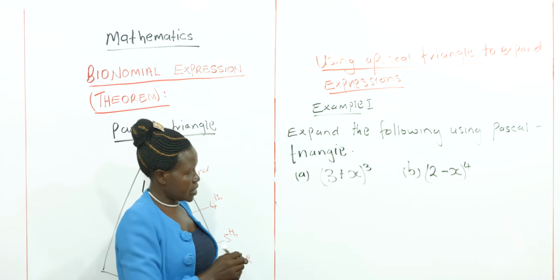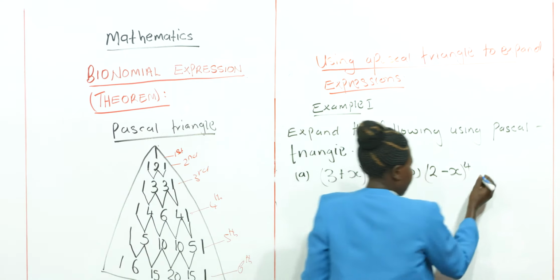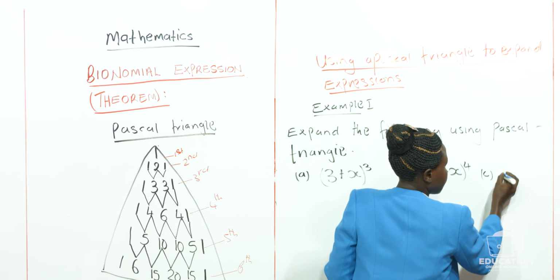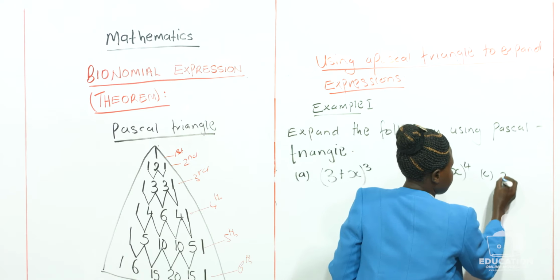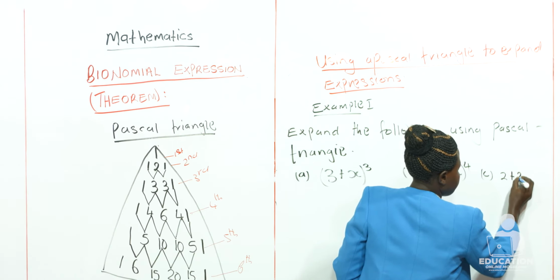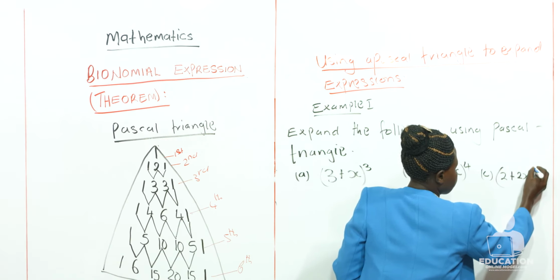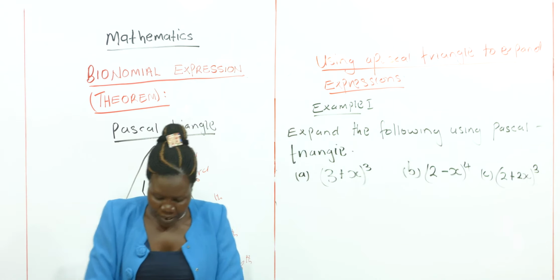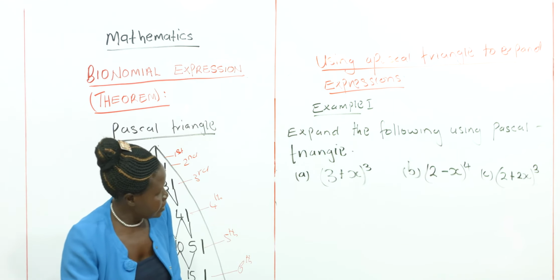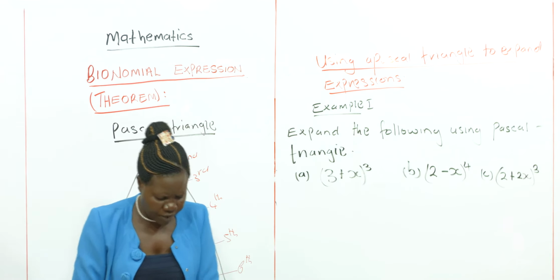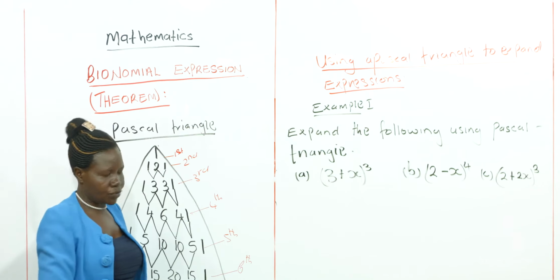So we can start with that, and then we have C, that is 2 plus 2x raised to 3. So dear learners, let us try to solve those examples using the Pascal triangle as the question has instructed us.